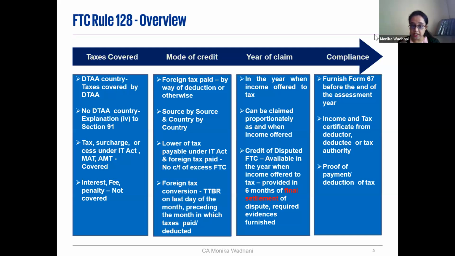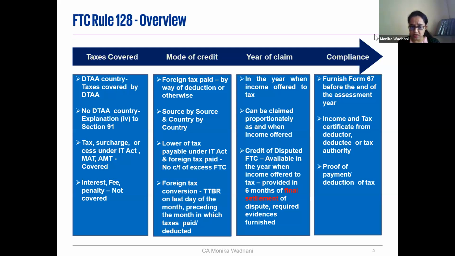Source by source and country by country. Sub-rule 5 of Rule 128 lays down that the credit has to be computed qua each source and qua each country. Was this position different before the introduction of Rule 128?